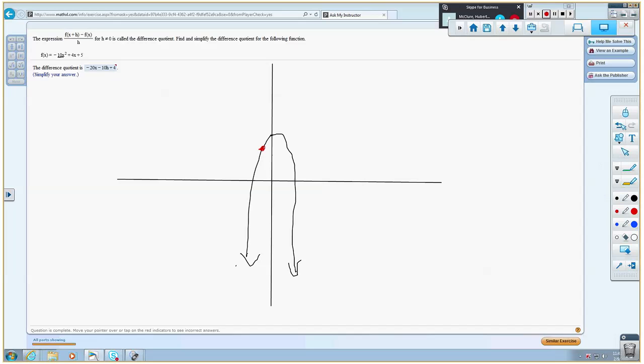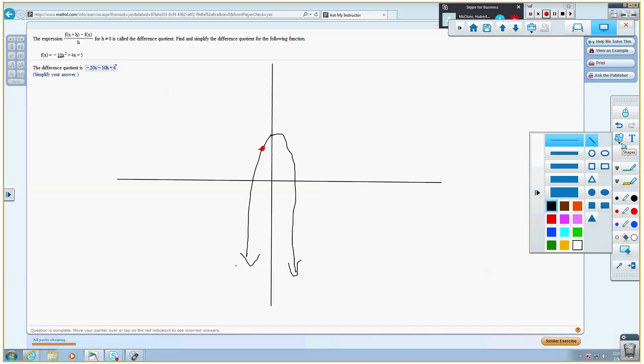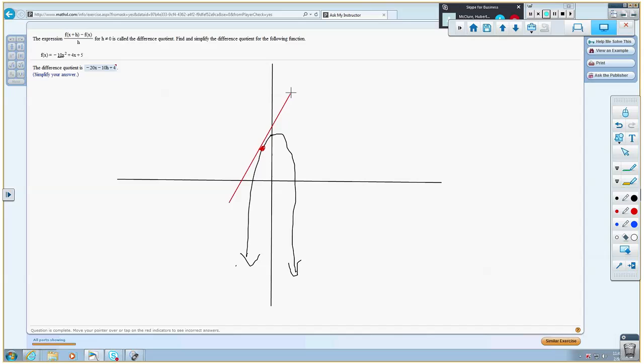Now, at this point in time, I want to take a line, and I'll make this a red line. And I draw a line that is what to that curve? What's it called when you got a line that butts up against the curve? Tangent line.